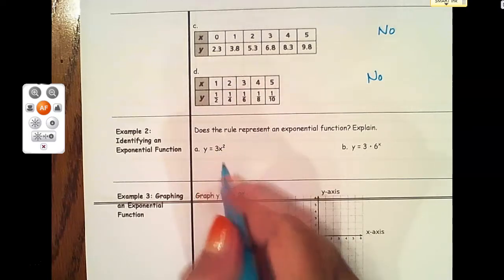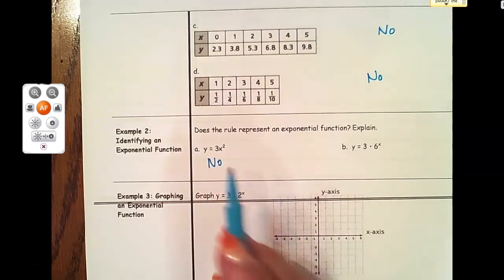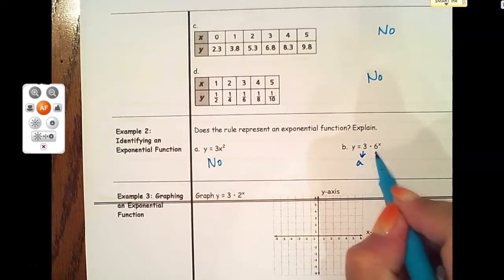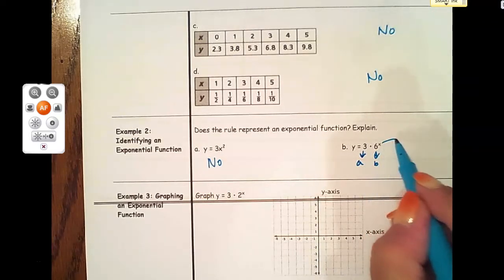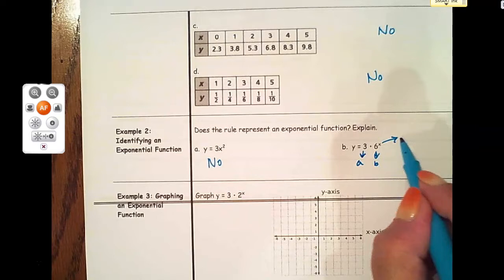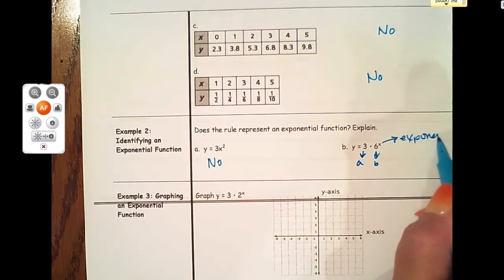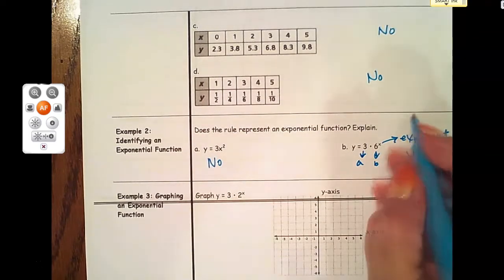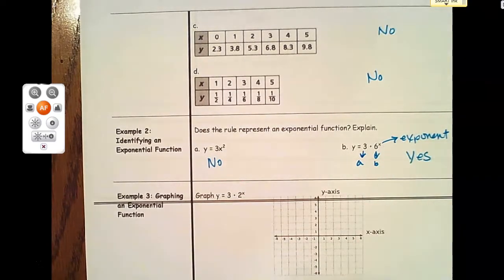So since my x is not an exponent, I'm going to say no. But now here I've got an a value, a b value, and my x is in the exponent. So this one would be a yes, and my explanation is that my exponent is a variable. So I did write out the explanation. So let's see how to graph an exponential function.